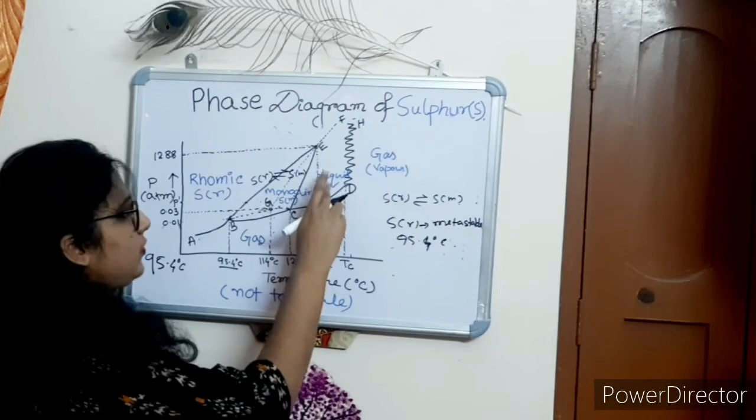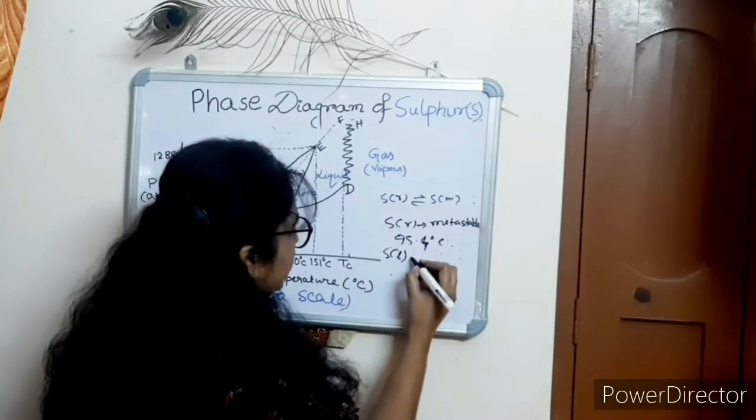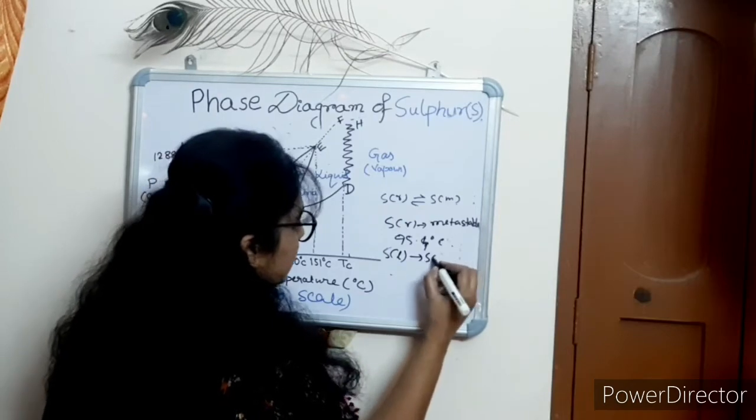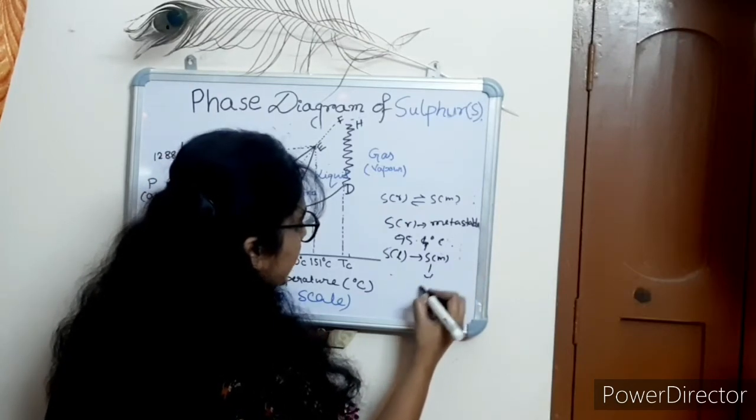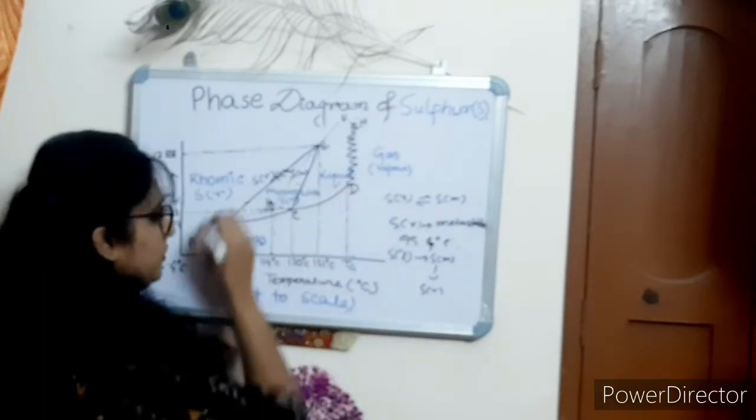If we cool the sulfur in the liquid state, then we get sulfur in the monoclinic state, then sulfur in the rhombohedral state in the cooling process.